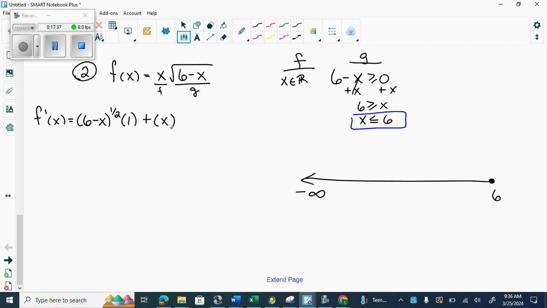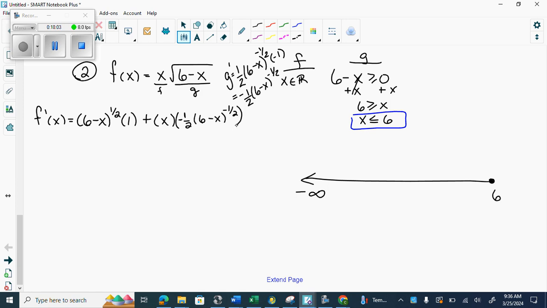You drop the half in front, 6 minus x to the negative a half times negative 1, which is negative a half, 6 minus x to the negative a half.